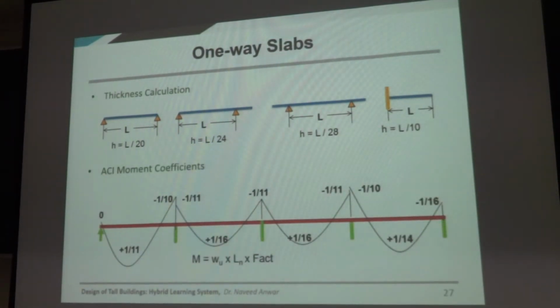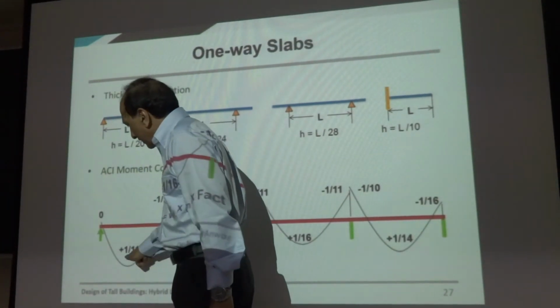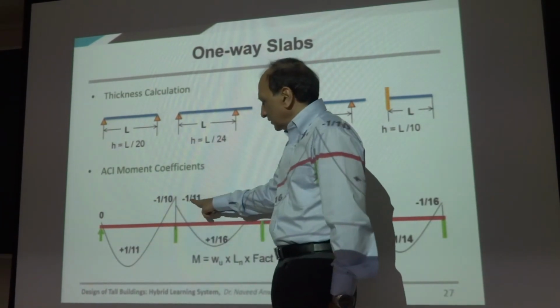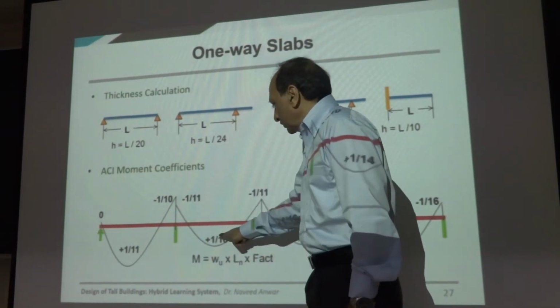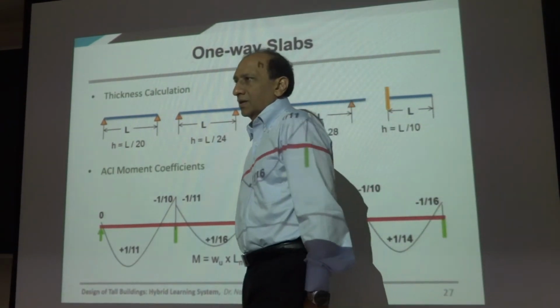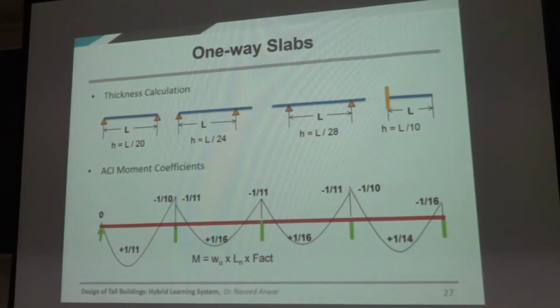Moment coefficients. This is how you calculate bending moment at the various location. First span, WL squared by 11, WL squared by 10, 11, 10 and 11 both, 16, 11, 16 and so on. This is how you can easily estimate the bending moment at various points along the beam.